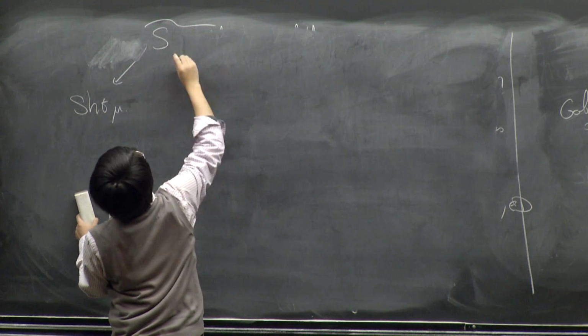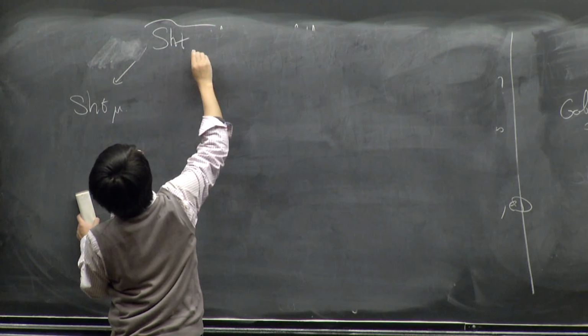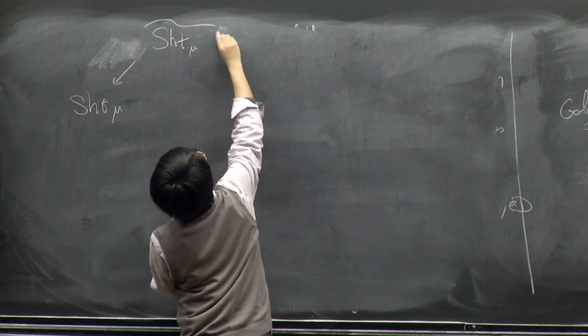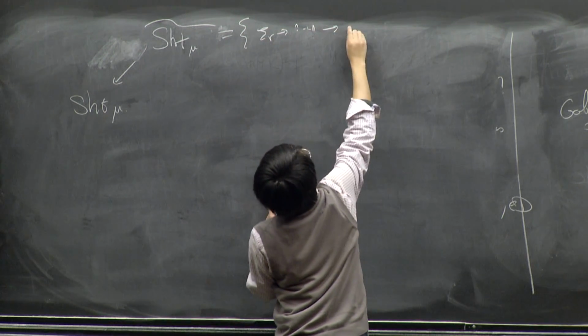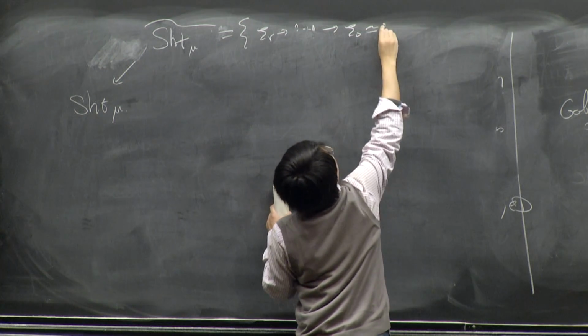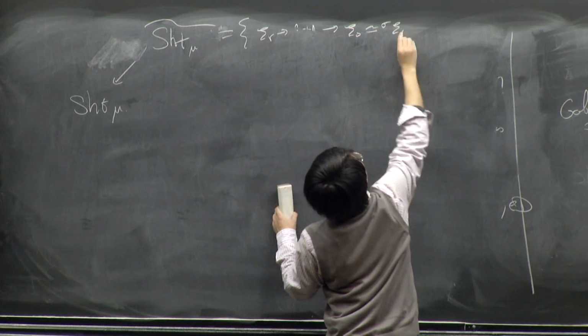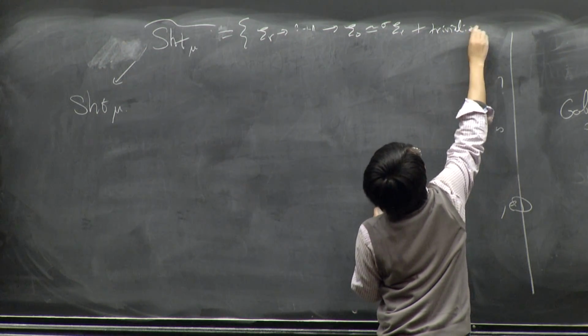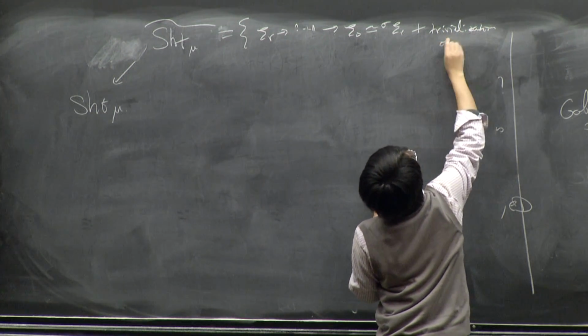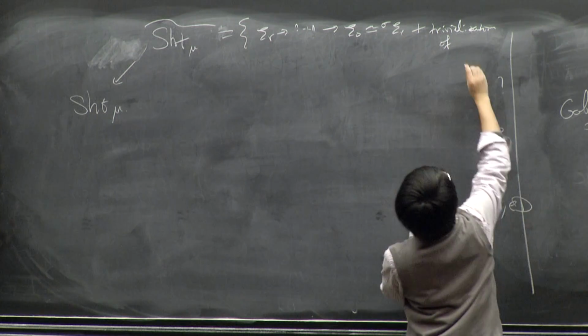Let me write it like that. This is the same data as before, plus the trivialization of E_0.